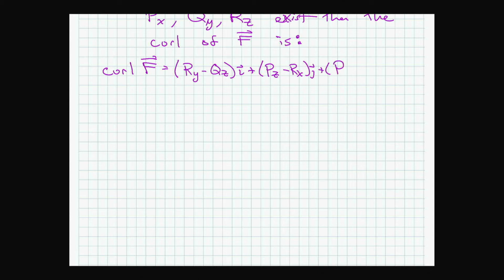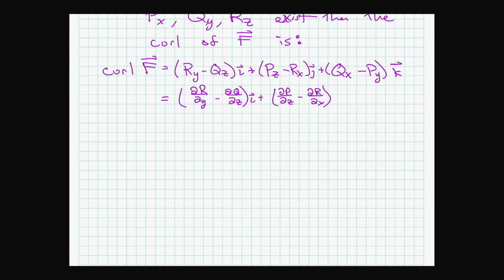Third time's the charm. Qx minus Py. Or if you write it in the other notation for the derivatives, dR/dy minus dQ/dz, i, plus dP/dz minus dR/dx, j, plus dQ/dx minus dP/dy, k.